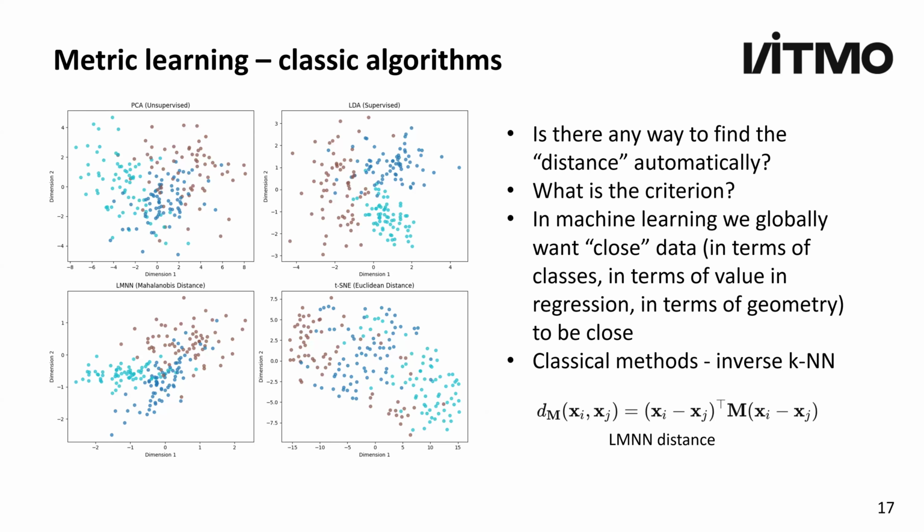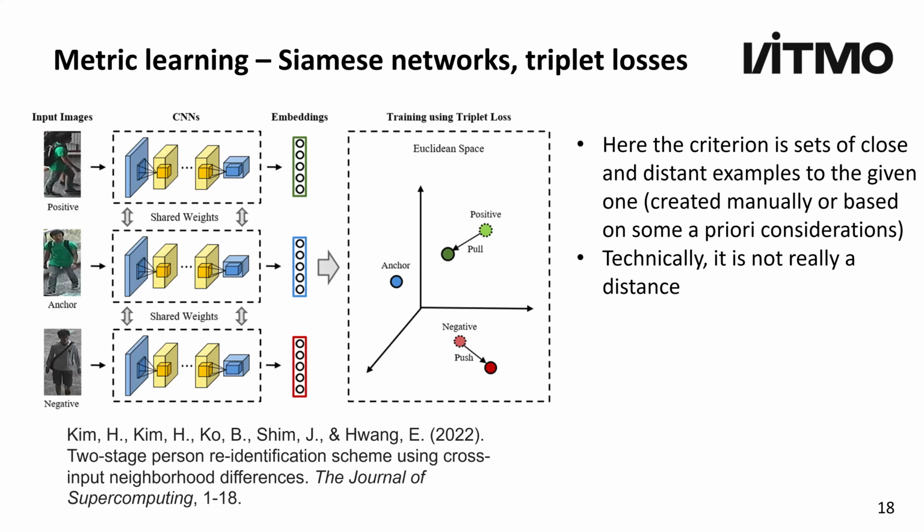If we move to modern, contemporary methods, there are the Siamese networks. Well, it also learns something that could measure the similarity between points. But the Siamese network, by its nature, is not symmetric, so it's not a distance in a mathematical sense.